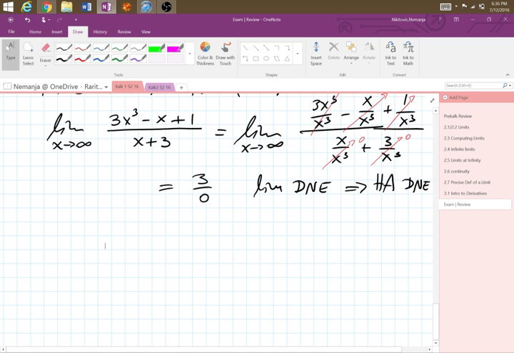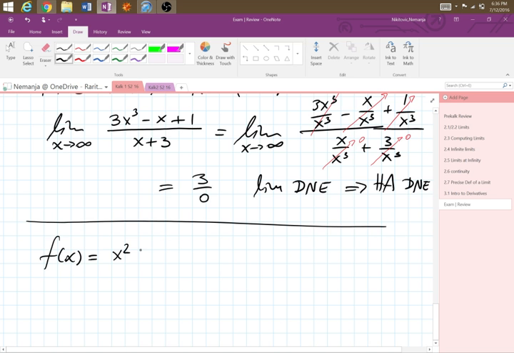Anything? Yes? I have an inverse question from chapter one. I'm pretty sure this is the question the way I wrote it down. It says f of x equals x squared minus 6x plus 10, for x greater than or equal to 3.